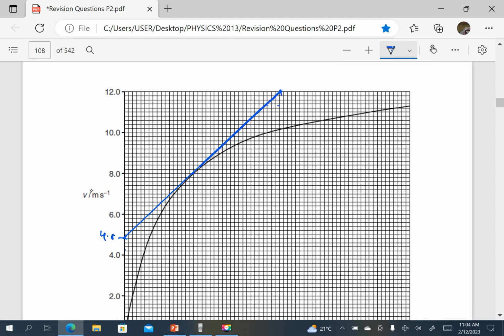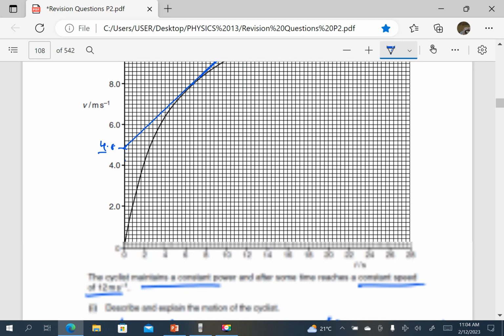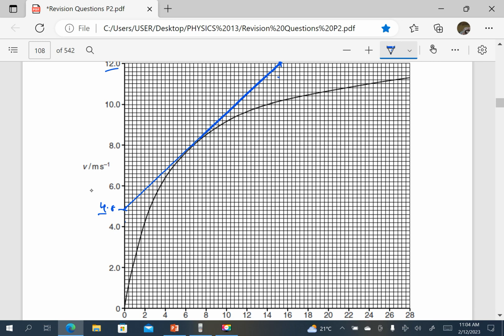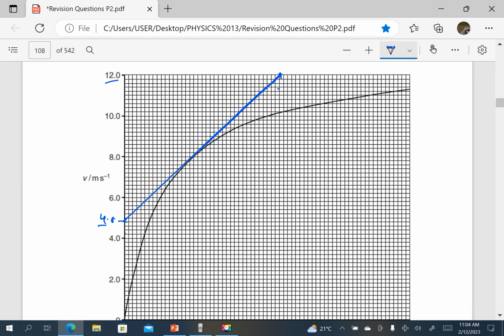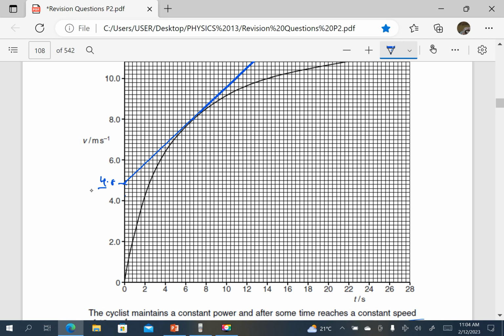So on the vertical, it is 12 minus 4.8. Then on the x-axis, I'll put the ruler to see. The scale is 2/5, which is 0.4. So this is 14.4, 14.8, 15, and that is 15.2.